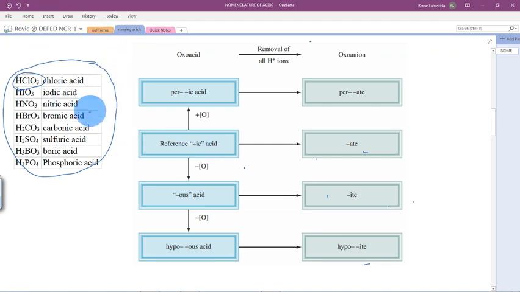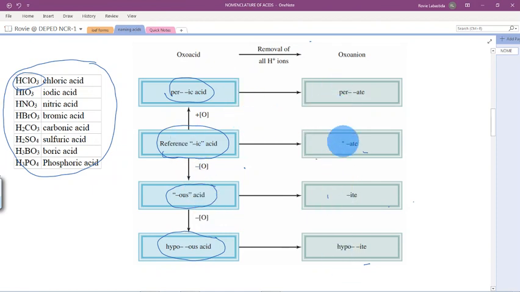From our reference -ic acid, an addition of one oxygen atom to the formula will become a per-ic acid. From the -ic acid, a removal of one oxygen atom from the formula will become an -ous acid. And from the -ous acid, removal of one oxygen in the formula will become hypo-ous acid.